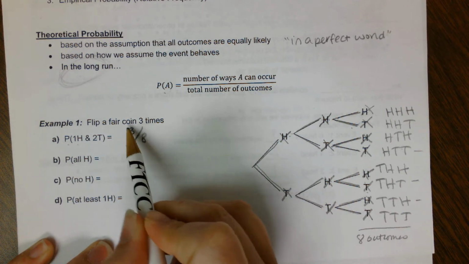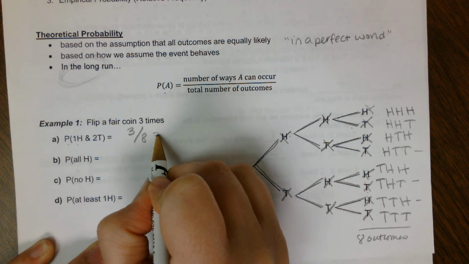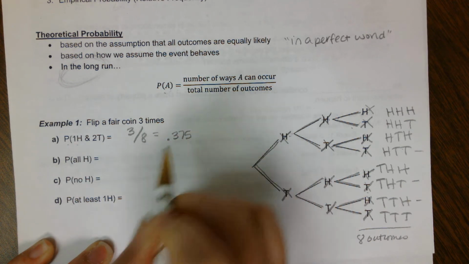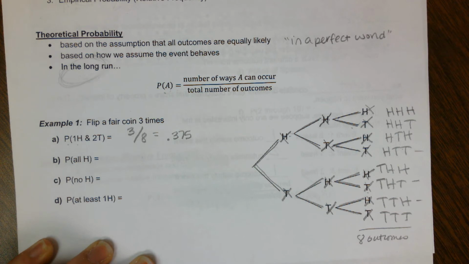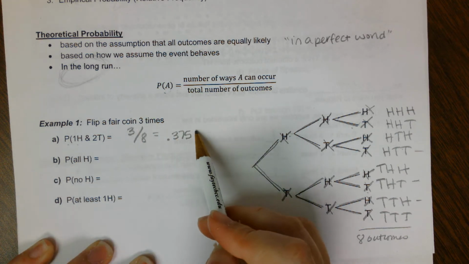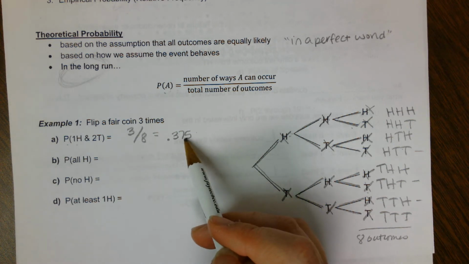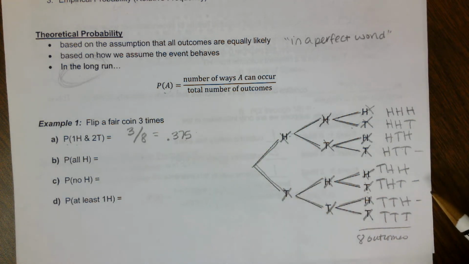So my math lab may ask for the fraction, or if they ask for the decimal, you would do 3 divided by 8 and get 0.375. So the probability is 0.375. In your head, you can transfer it to percentage, saying there's a 37.5% chance that you will get 1 head and 2 tails.